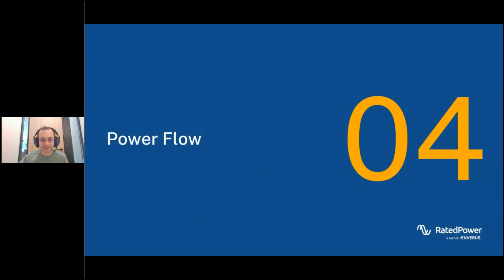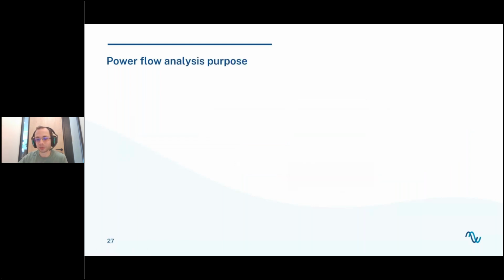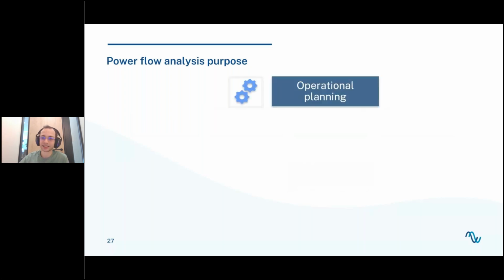Now moving into the fun part, the power flow. This is the part that we jumped, the third step, and I would like for you to understand the purpose of this analysis, why we are performing it, and why not just skip it.